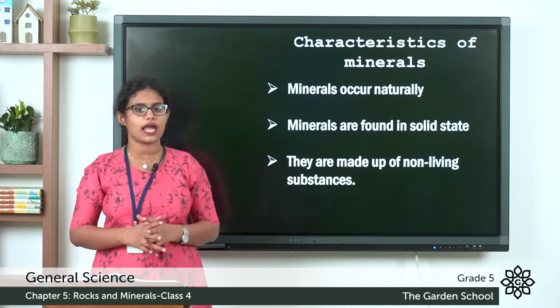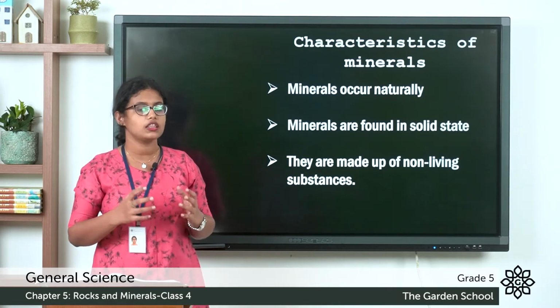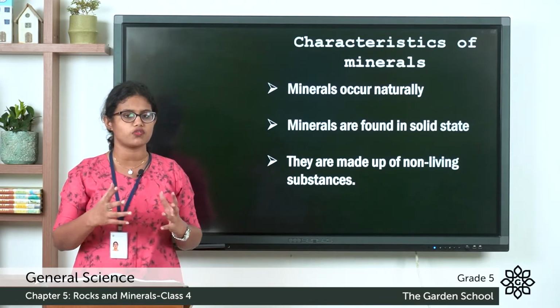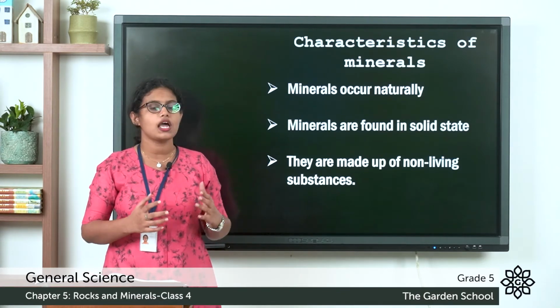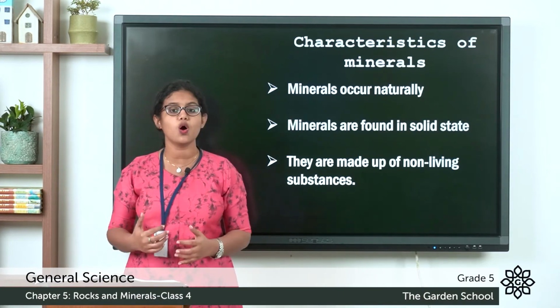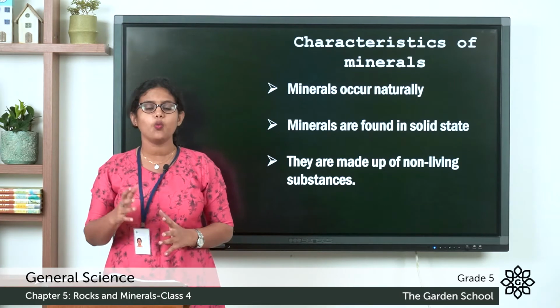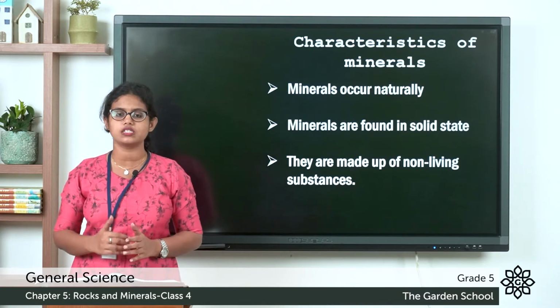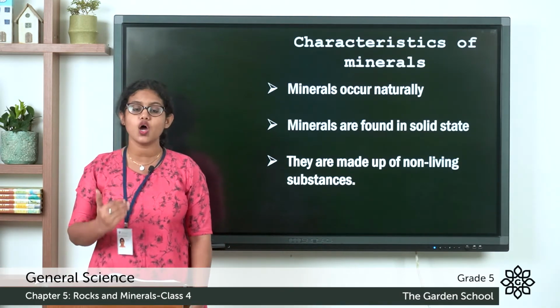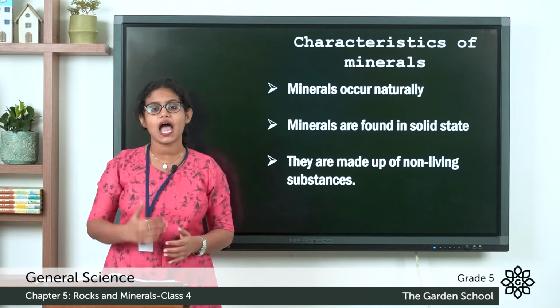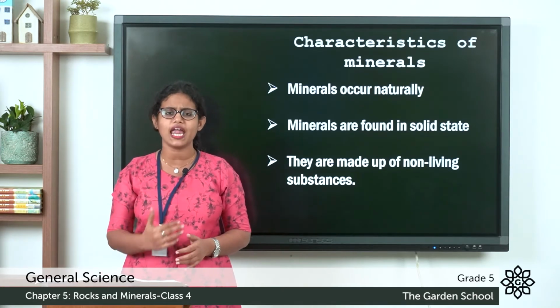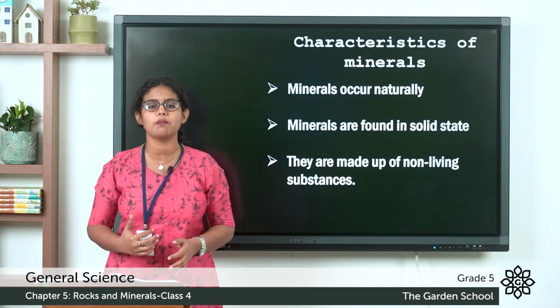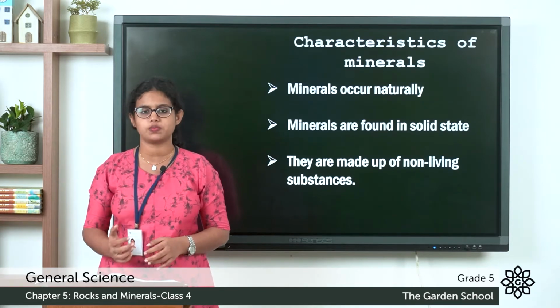What is the next characteristic of minerals? The third one is they are made up of non-living substances, which means that these minerals are natural and they are not made from plants, animals, human beings or any living things. They are made of non-living substances.